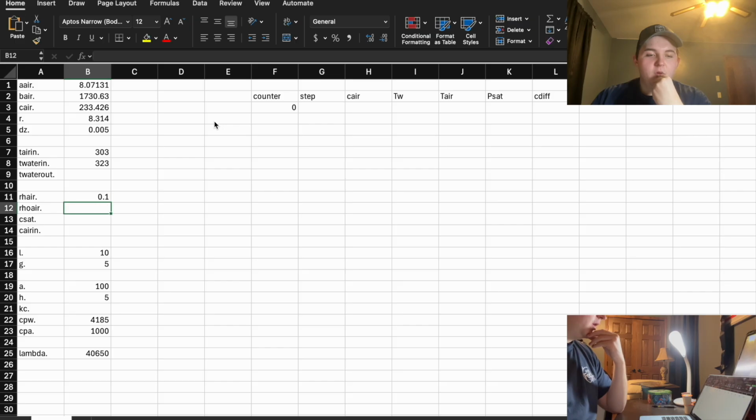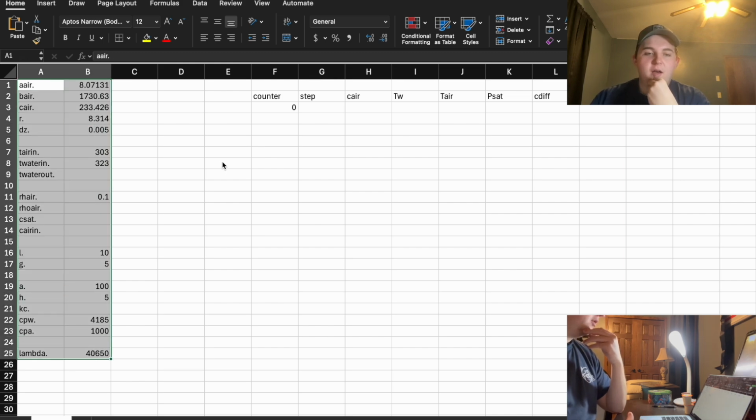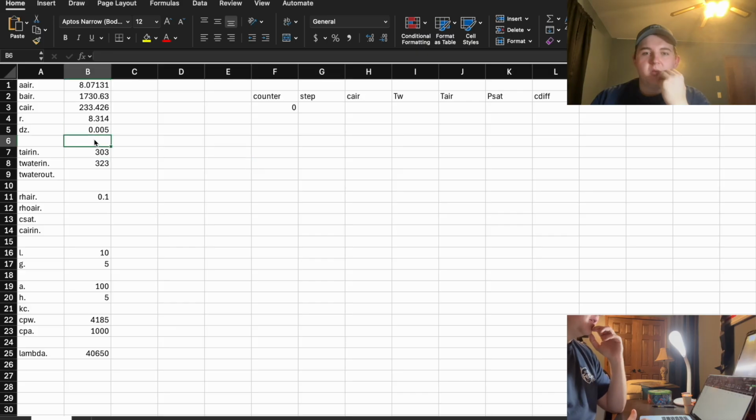RH air, rho air, CSAT, C air in. We have our L, we have our G, and then all these other ones we got. So, first one I'm going to do, actually, let's do that after we solve all these. I will make them formulas because I don't know if that would mess up anything.